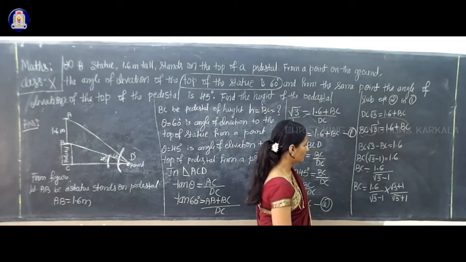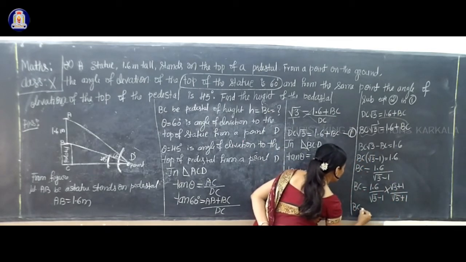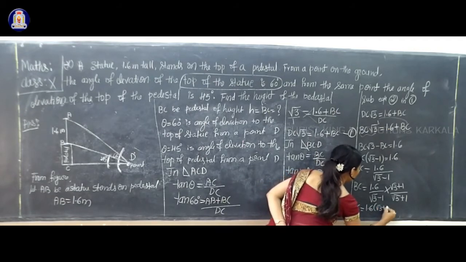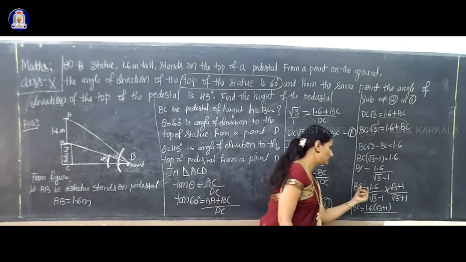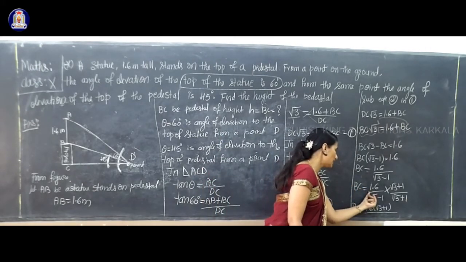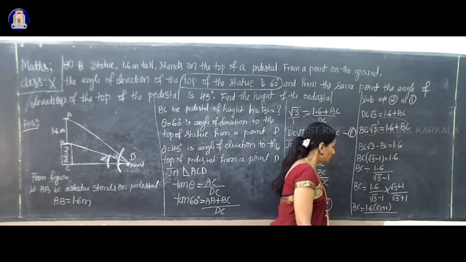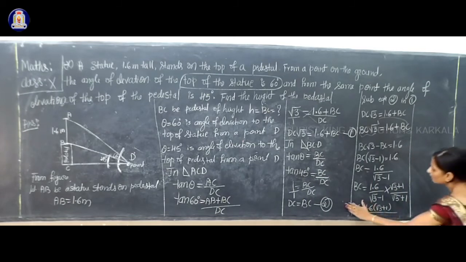So now simplification: BC is equal to 1.6 into root 3 plus 1 divided by, after rationalization, which formula are you using? This A minus B, A plus B, which is equal to what? A square minus B square.